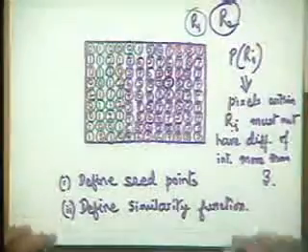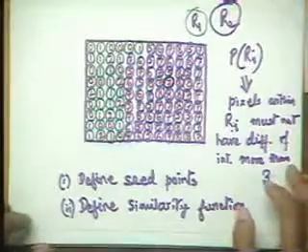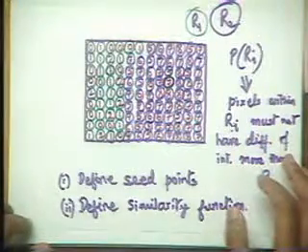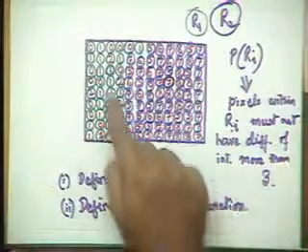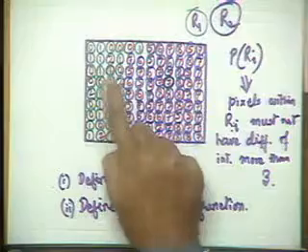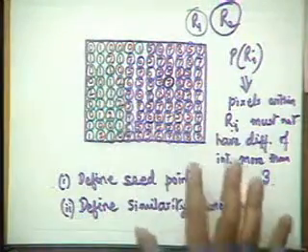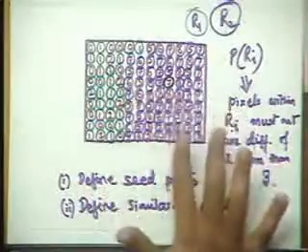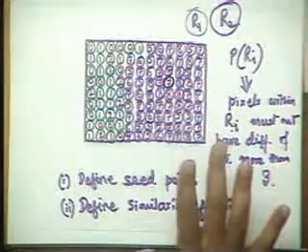Sir, if in the first region the pixel value is 4, then that will lie in both R1 and R2. In which region will we include that point? Well, if somewhere in the middle you have a 4, then you cannot classify it into R1 or R2.